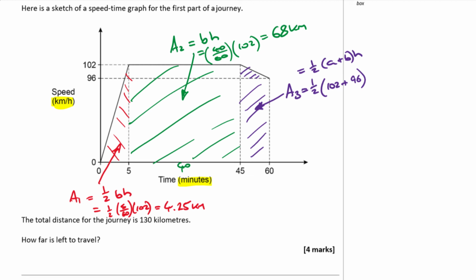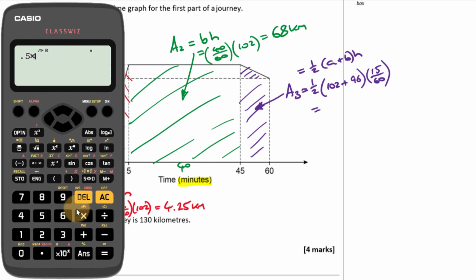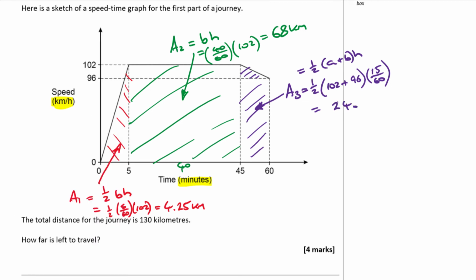It's the distance from 45 to 60, which is 15 minutes, which is 15 over 60 hours, a quarter of an hour. So 0.5 times 102 plus 96 times a quarter. That comes out to 24.75 kilometers.